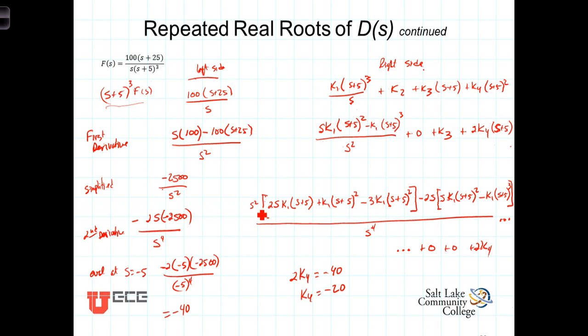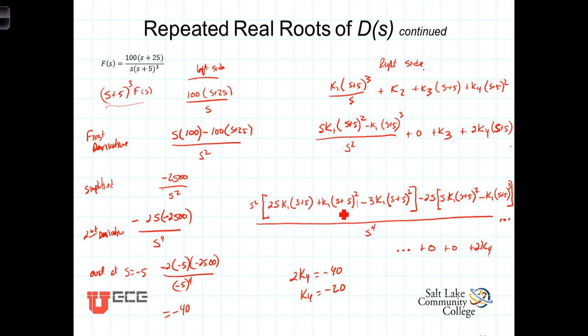So we have s squared, the denominator, times the derivative of the numerator. Well, the derivative of the numerator is 2 times s times k1 times s plus 5 to the first power, plus, and we're doing the product rule here, so that's the derivative of the first, or the first times the derivative of the second, and then we have plus k1 times s plus 5 squared times the derivative of s, which is just 1.